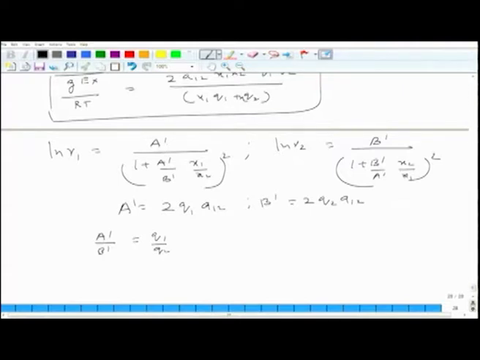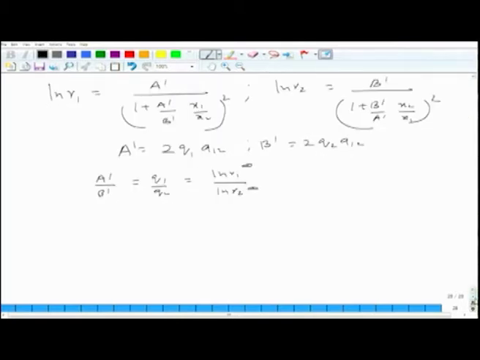Similarly, ln gamma 2 infinity, where x2 goes to 0, will be B dash. So the ratio A dash by B dash, which is Q1 by Q2, is nothing but ln gamma 1 infinity by ln gamma 2 infinity. So this is a relation you can obtain from the experiment. There is a relation between these constants which is related to the infinite dilution activity coefficient. Okay, so often we use the above relation in this form.